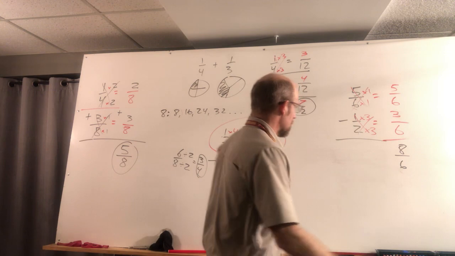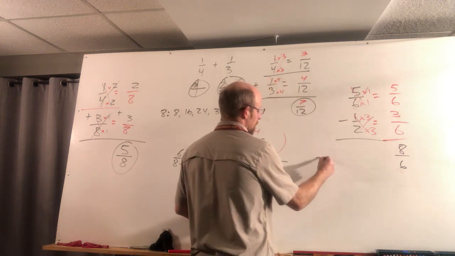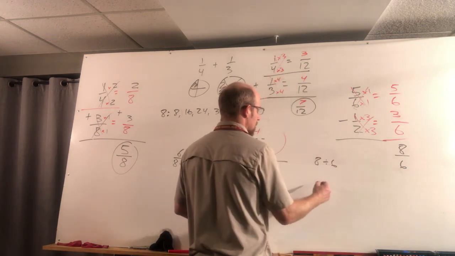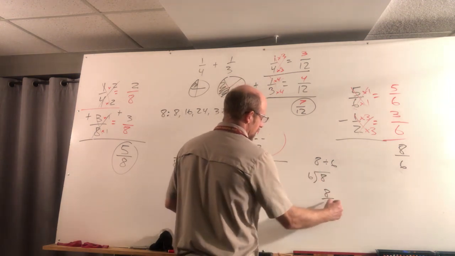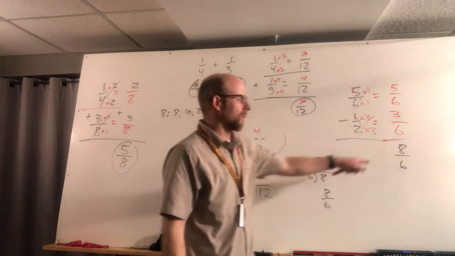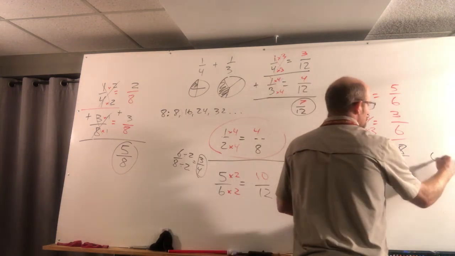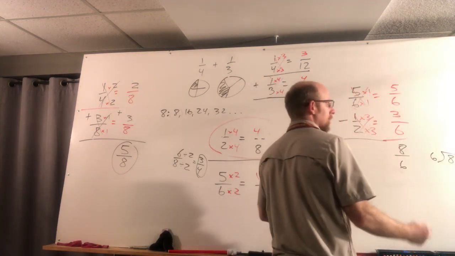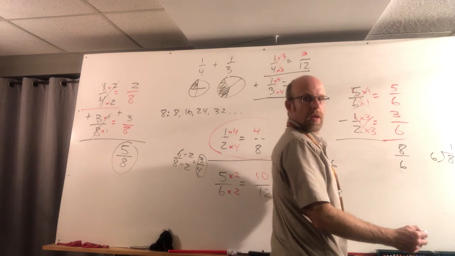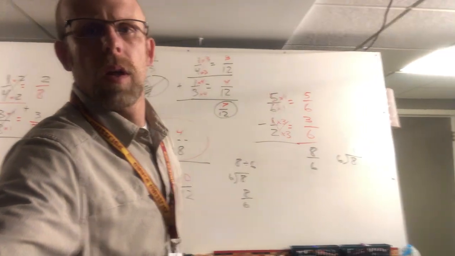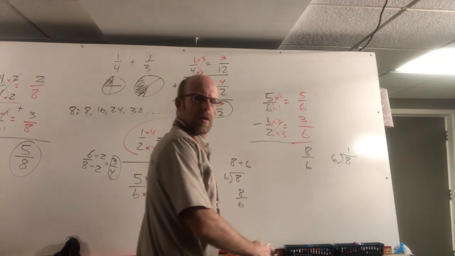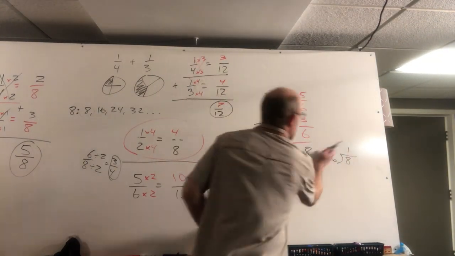To remind you, there's 3 ways to write a division problem. 8 divided by 6, 8 divided by 6, and 8 divided by 6. 8 sixths. This is a division problem. So you would do 6 into 8. 6 goes into 8 one time. Okay. I'm going to move that over here.